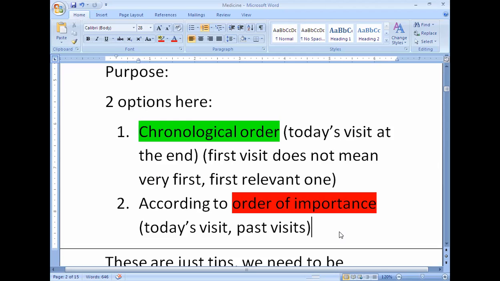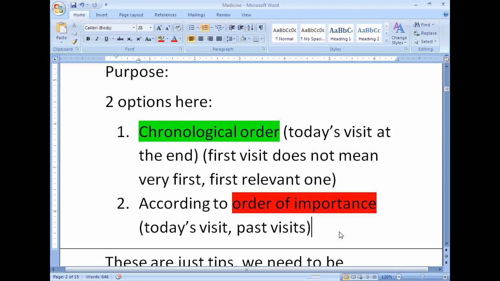Why has OET changed? This was not a criterion before August 2019. Since August 2019, OET has changed the criteria. They say after the purpose, we need to write the most important thing, the most important visit, and our purpose should be concise. The reason is that medical professionals are too busy.